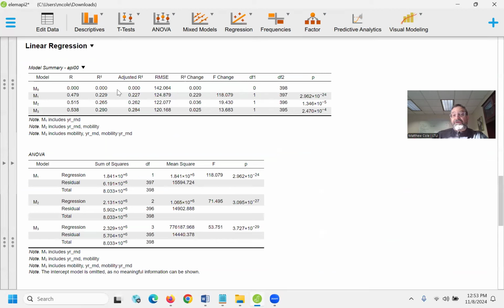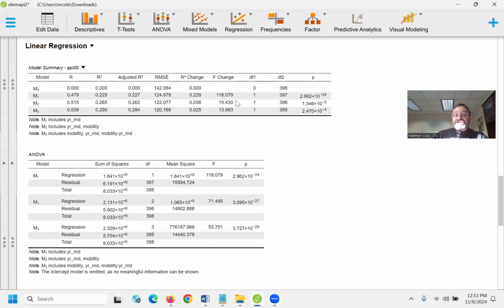In model 0, there were no predictors. And now as we added in year round, and you can see the note here, M1, year round predicts 22.9% of the variance. Adding in mobility, we see that the R-square increased by 3.6% to 26.5%.